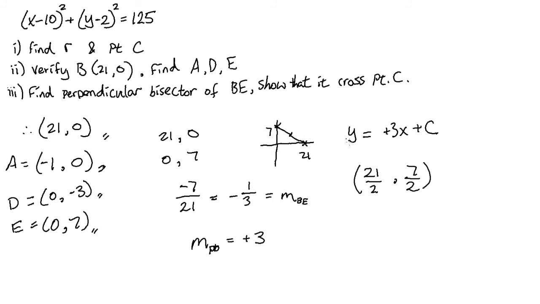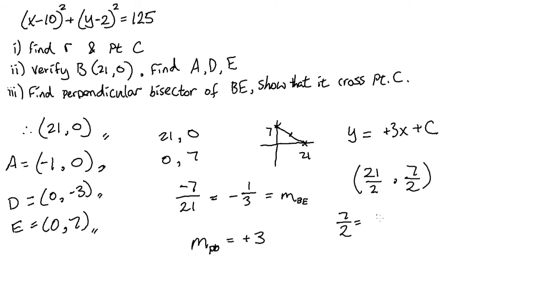So if you sub in these values into the equation, you can find this specific equation by finding the c. So y is 7/2, which is equal to 3 times 21/2.